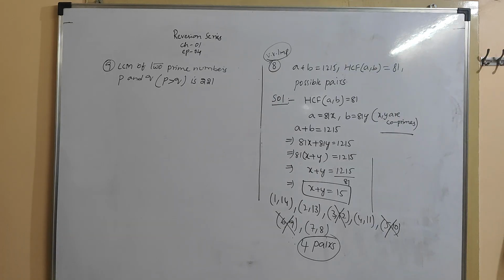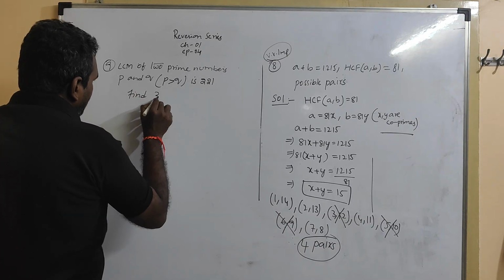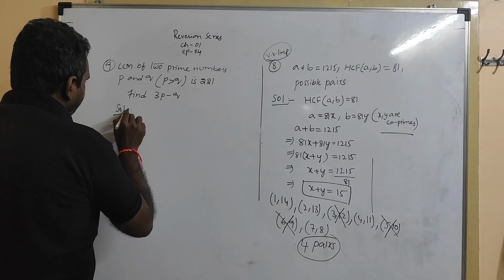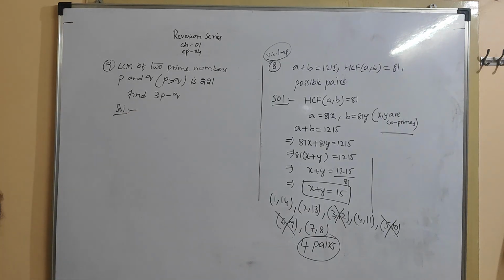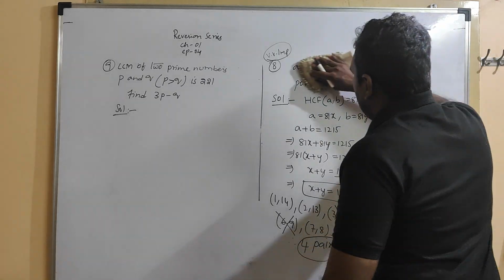Find the value of 3p minus q. This value you have to find. This is the next question. This is also a different model.